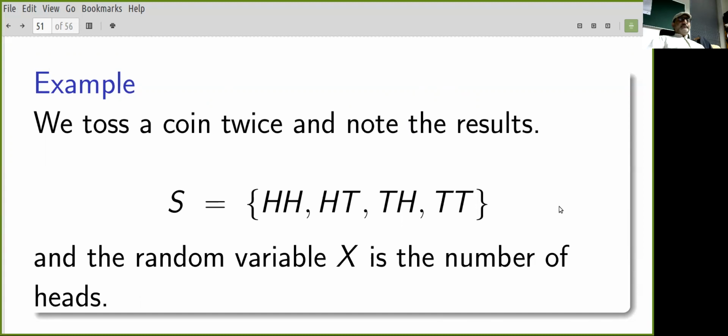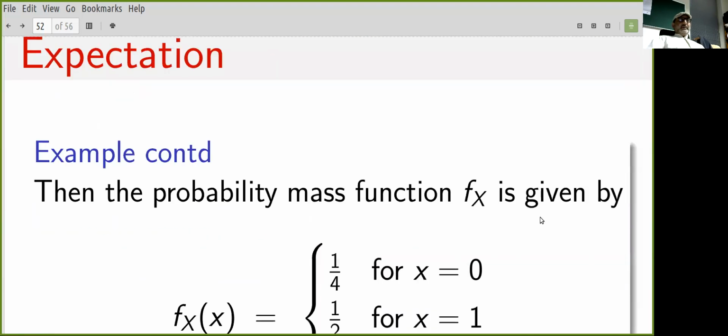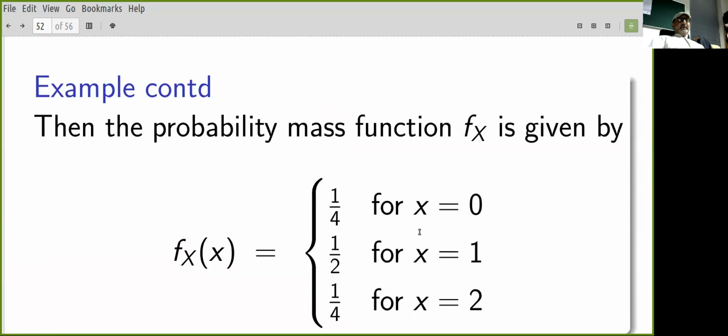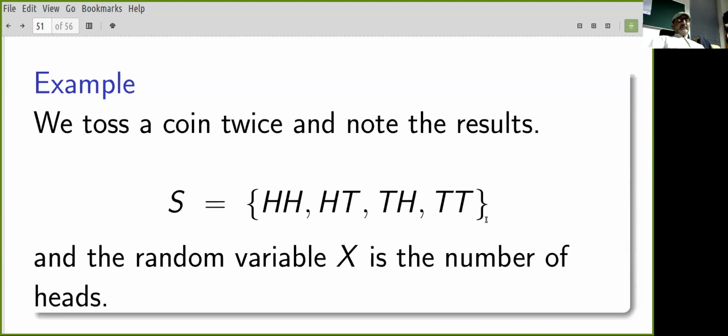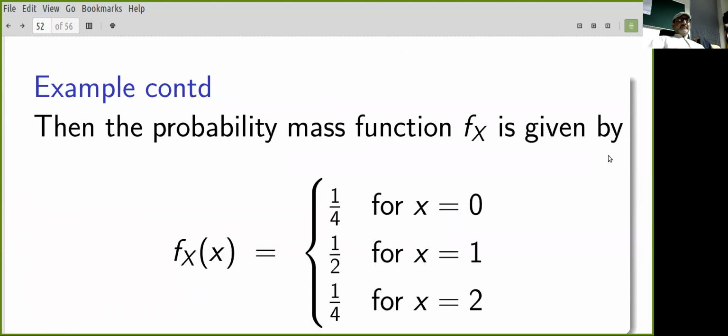So the random variable capital X can take values 0, 1, and 2. X equals 0 means no heads. That's one result out of 4 equally likely results.